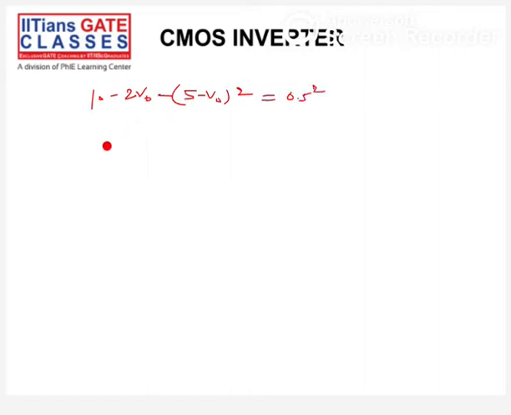If we calculate from this, that quadratic equation will give 8V naught square, directly I am writing, minus 15 V naught plus 0.25 is equal to 0. If we calculate V output, we will get 4.866. And suppose if we ignore that old term, what will we get? 2.